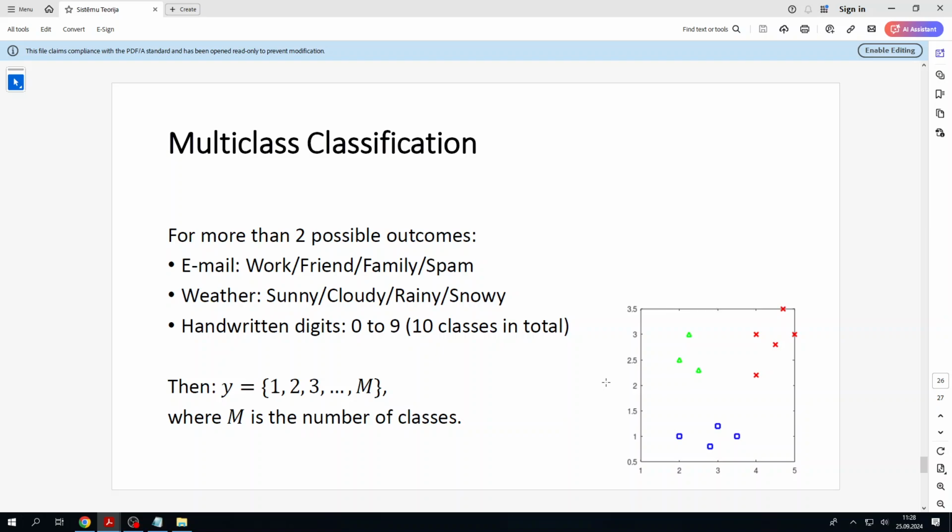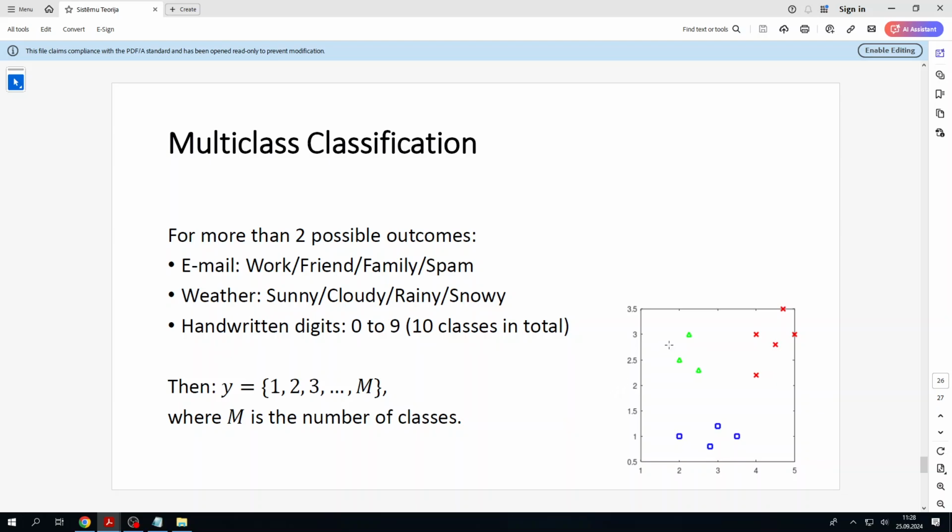Or for weather, is it sunny, cloudy, snowy? Or handwritten digits from 0 to 9. A million possible ways to classify different objects, pictures in computer vision algorithms, like this is a car, this is a bike, this is a traffic sign, and all that stuff. All of them have more than just 2 possible outcomes. So how are we supposed to deal with this kind of problem based on what we already know?